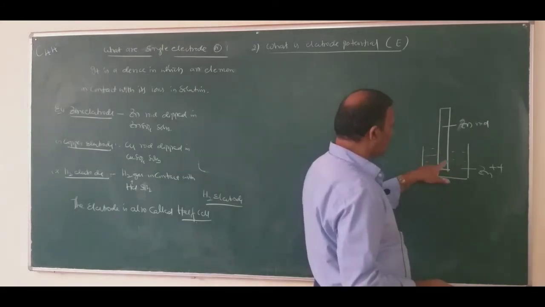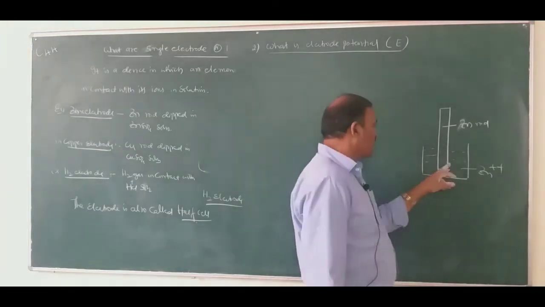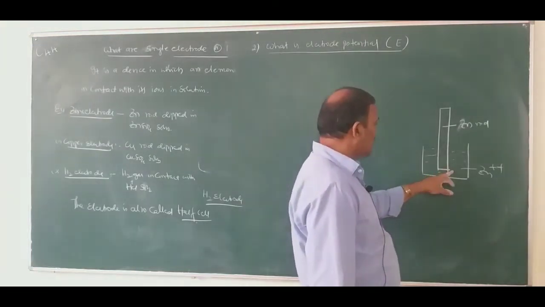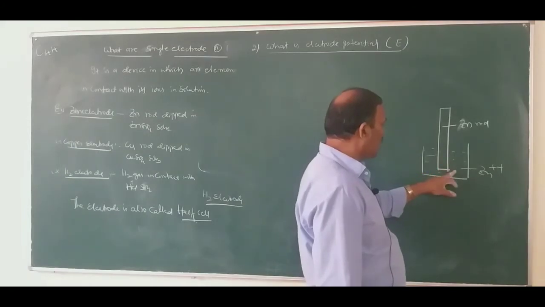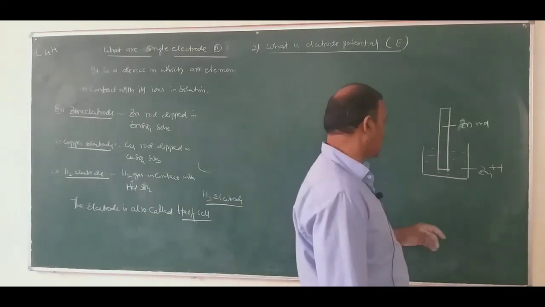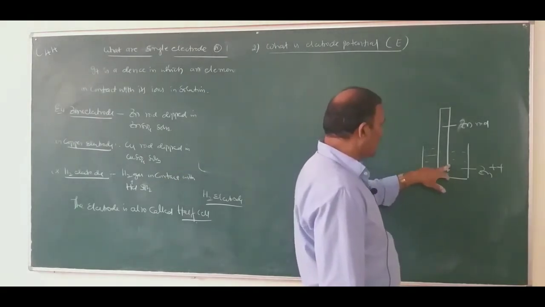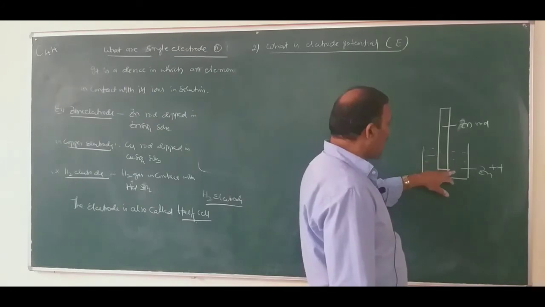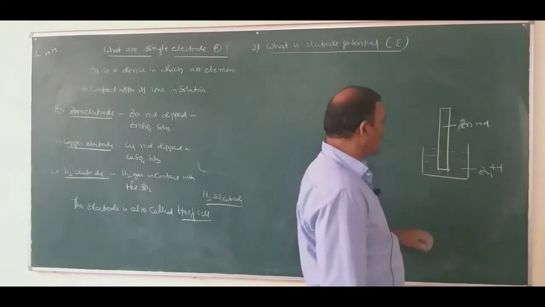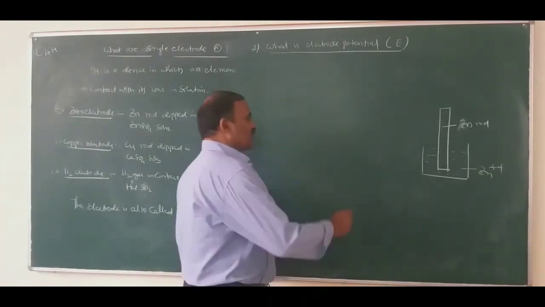This potential difference is called electrode potential. The potential difference that exists at the interface of the metal and its ions in solution is known as electrode potential, and it is represented as E.